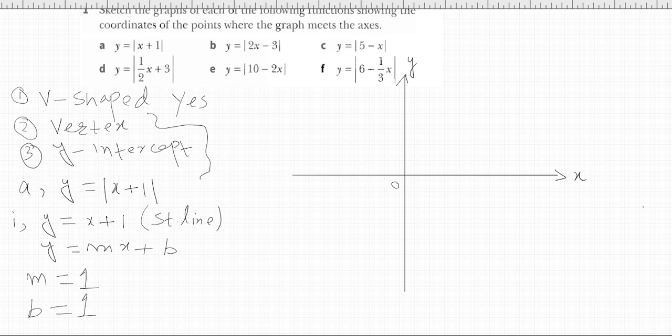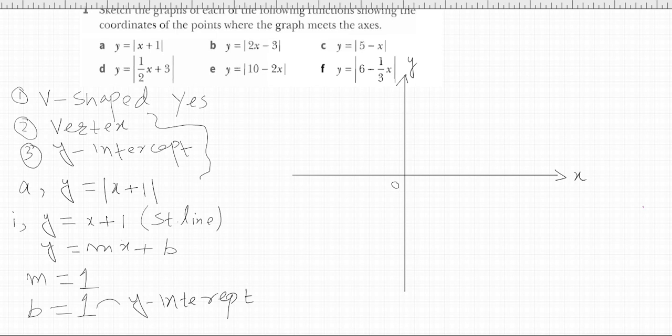Now what do we have? We have slope and y-intercept. Our y-intercept is 1. Y-intercept means where the line cuts the y-axis.